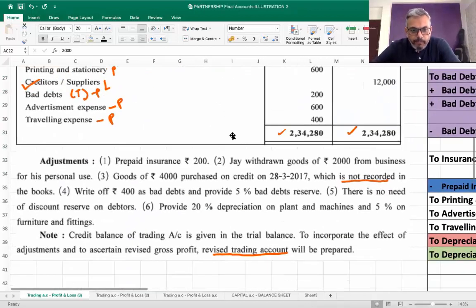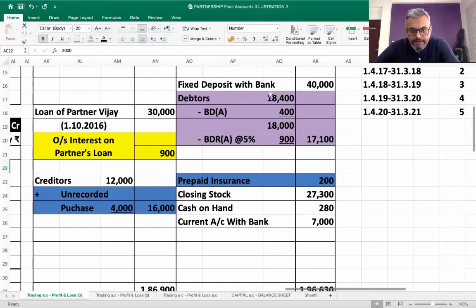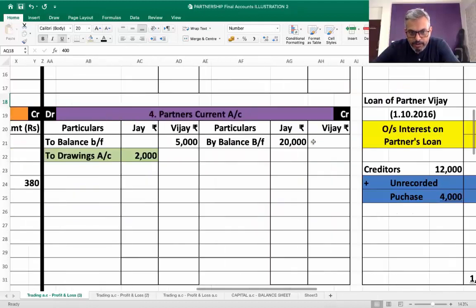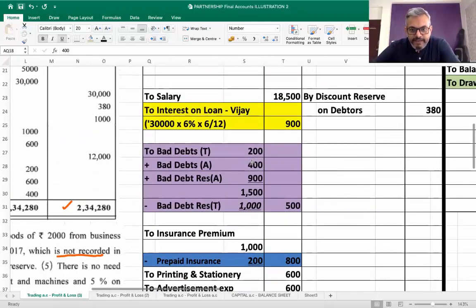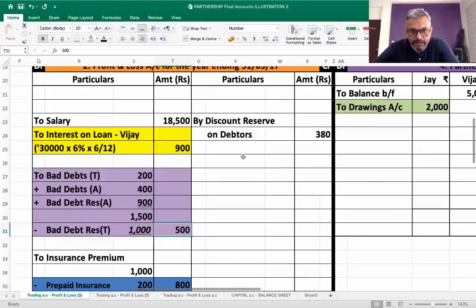Then write off 400 as bad debt and provide 5% bad debt reserve. So you go to balance sheet, debtors 400, 18,000, 5%, so 900, 17,100. Second effects 400, 900. Just finalize this. 1,500 minus 1,000 was already there, so 500. Correct. Then no need for discount reserve on creditors. We have already done it over here.